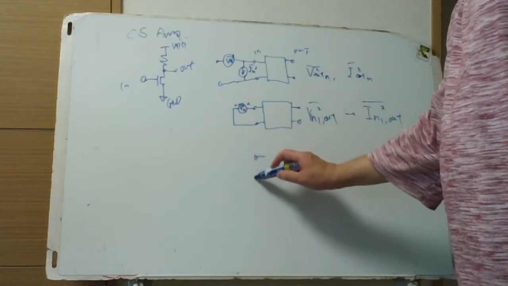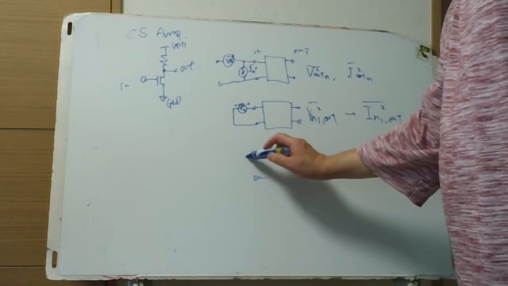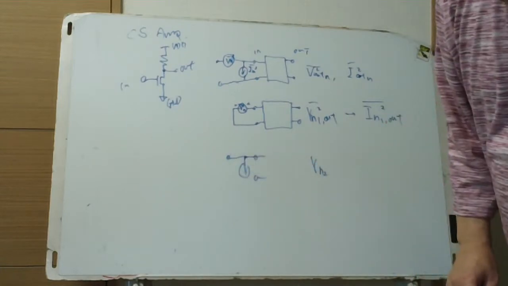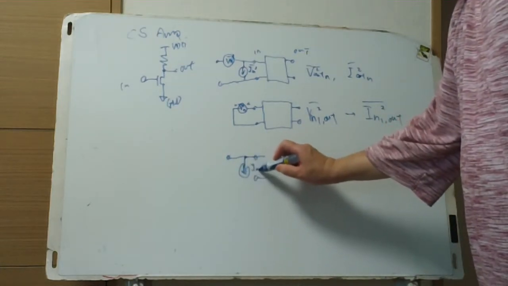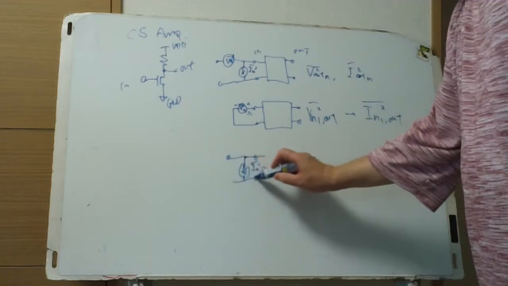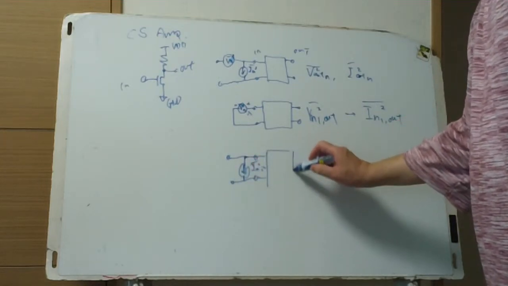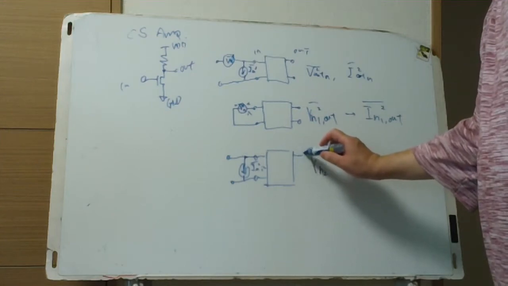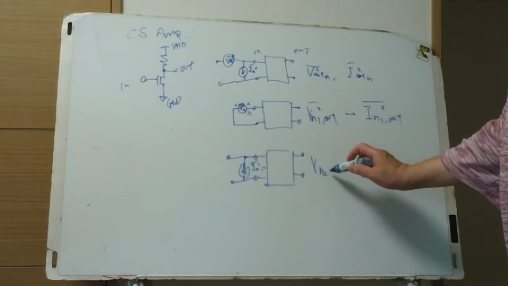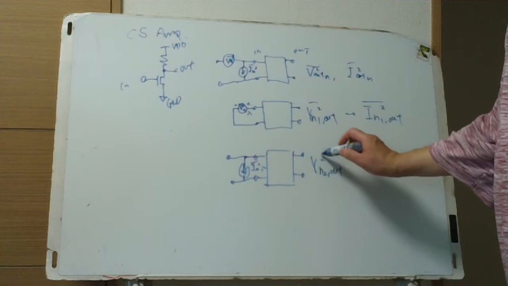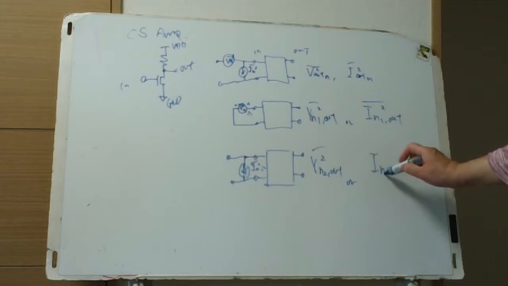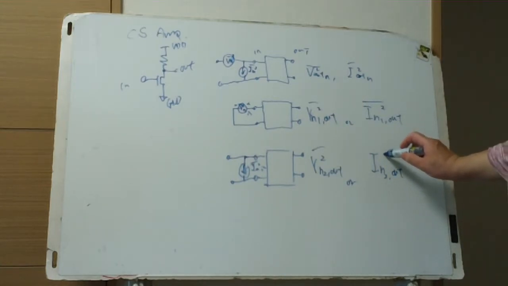On the other hand, if the input is open, only the current noise contributes to the noise generated at the output, which is said to be V sub N2 of out squared bar, or I sub N2 of out squared bar.